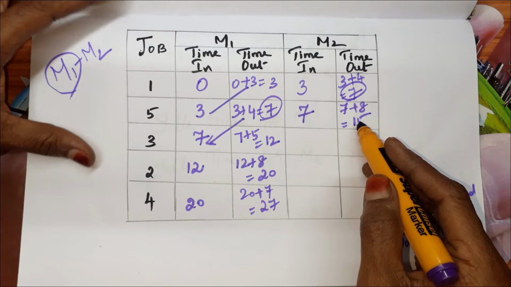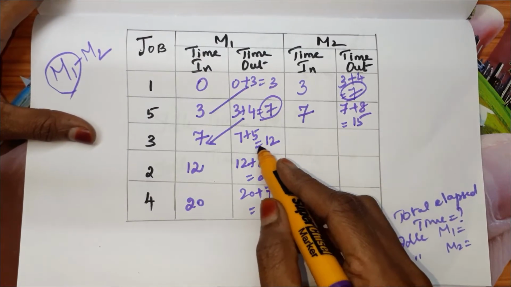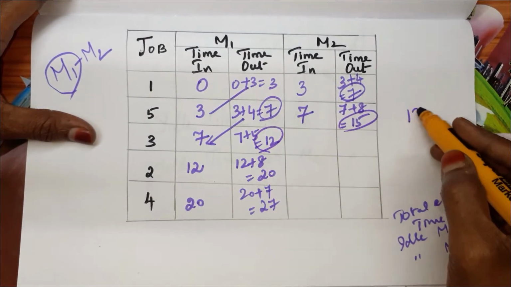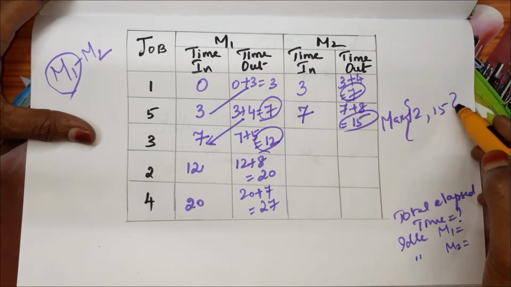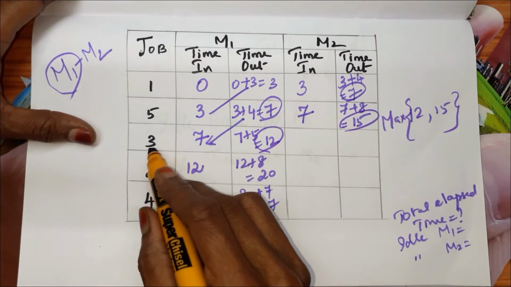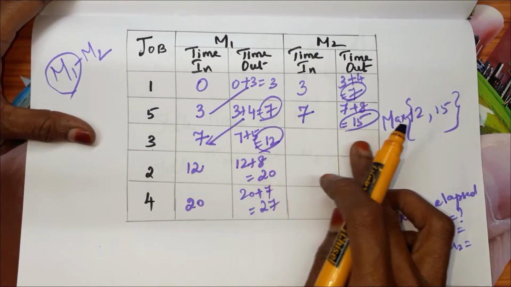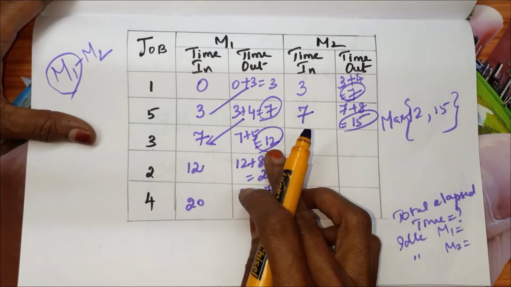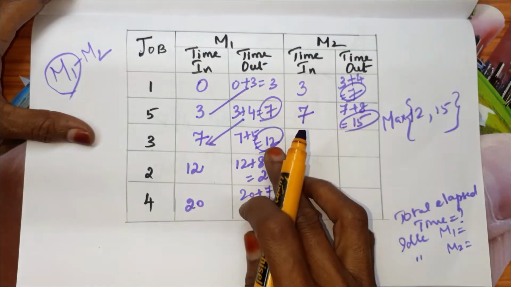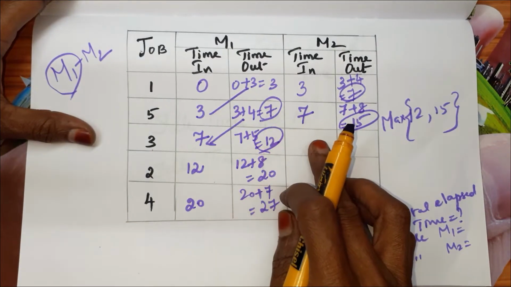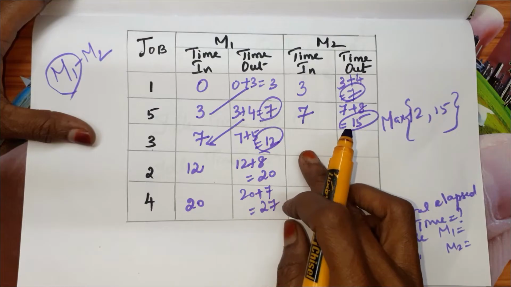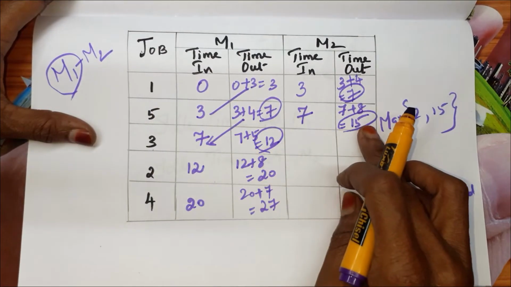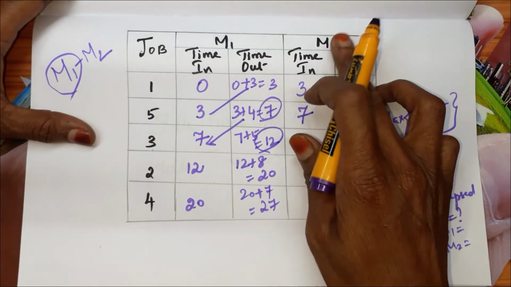What I said, you are not supposed to take this value as it is. You compare these two, 12 and 15. Whichever value is maximum, we have to take that, because this job has to be processed in M2. Am I right? It will get over at machine 1 by 12 hours, and after that we are not able to move this at the 12th hour, because the previous job will get over by 15 hours in this machine.